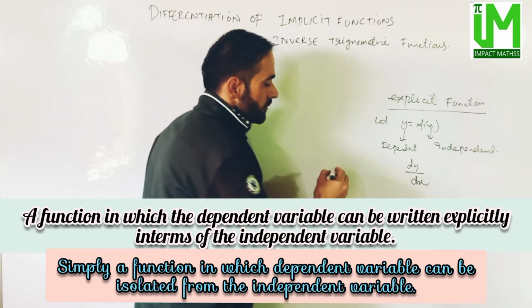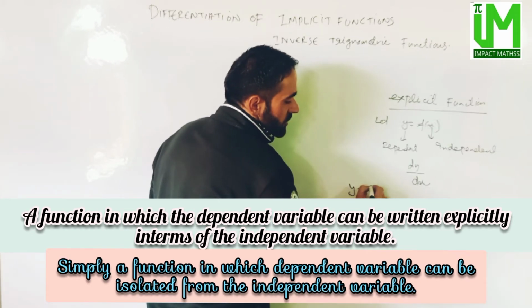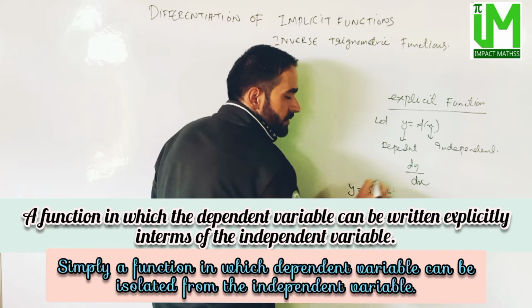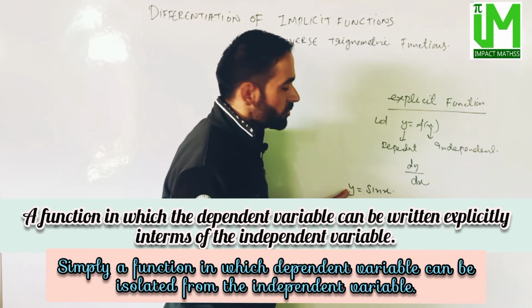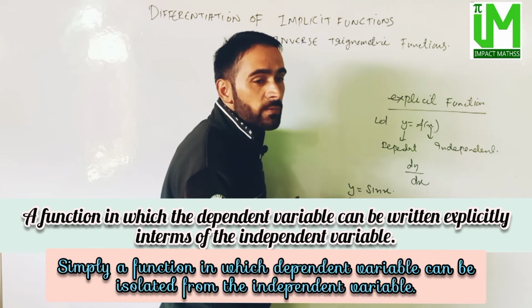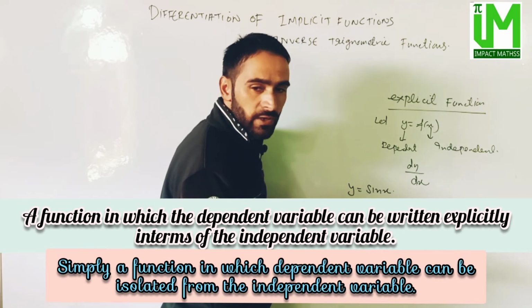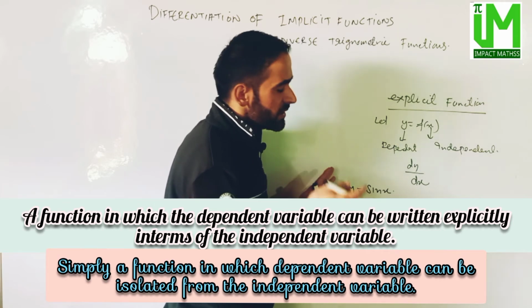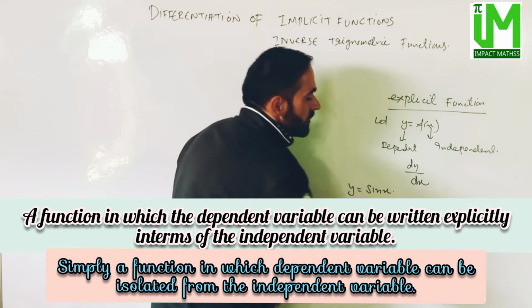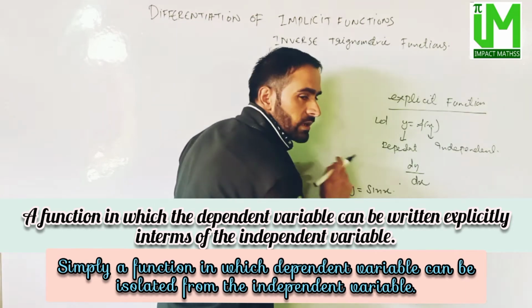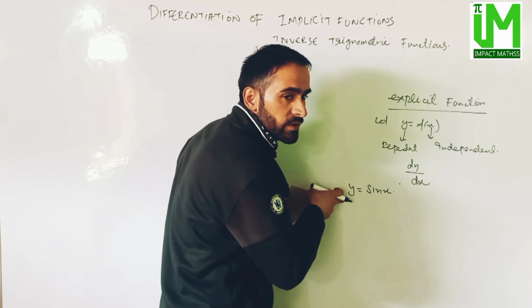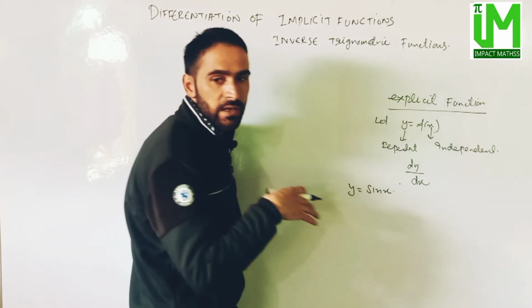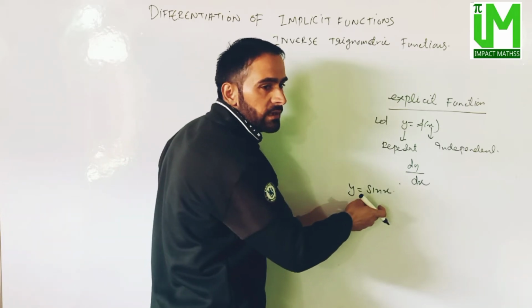As an example, if we have y is equal to sin x, it is clear which variable is the dependent variable and which one is the independent variable. When we differentiate this, with respect to which variable will we differentiate? With respect to the independent variable, which happens to be x here.